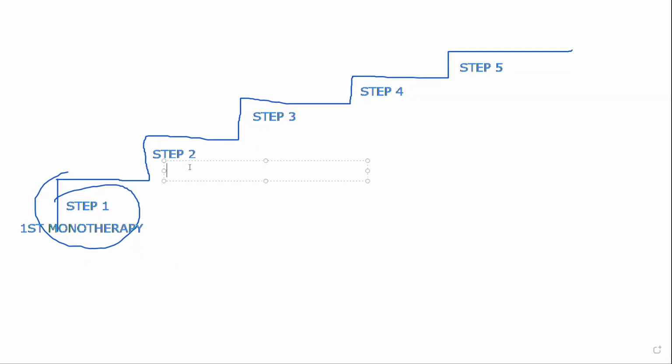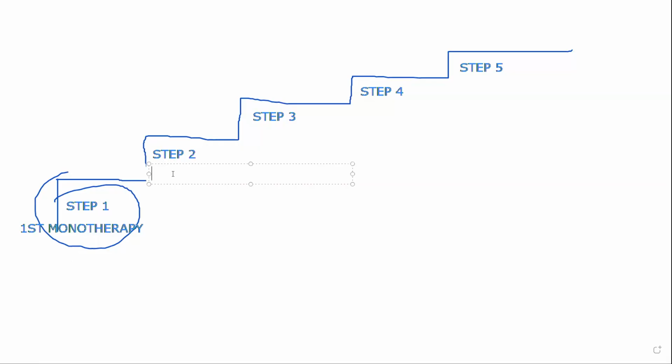Step 2 is, say you started with one drug, and now we are giving the maximum tolerated dose of the first drug, but the patient is still getting seizures. Then you stop the first drug and you start a second drug. That is also monotherapy.